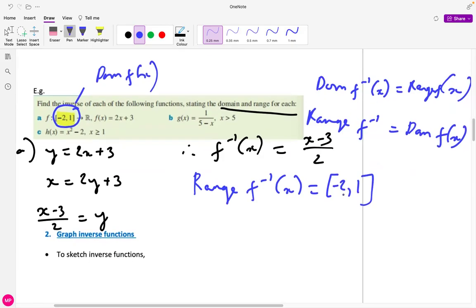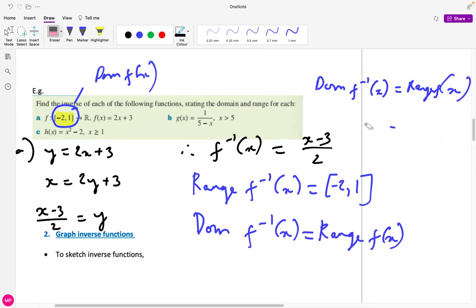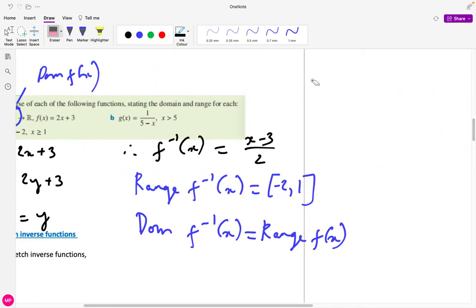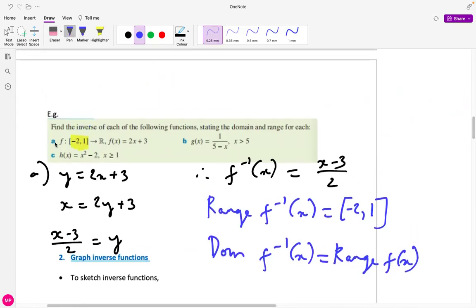Okay. Now what we've got to do is find the domain of the inverse. Now to find the domain of the inverse, we're going to find the range of the original. And in order to do that, we're going to think about what the original graph looks like. If I sketch this roughly, you can see the original is a linear line, with gradient 2 and y-intercept 3, and it goes like that.